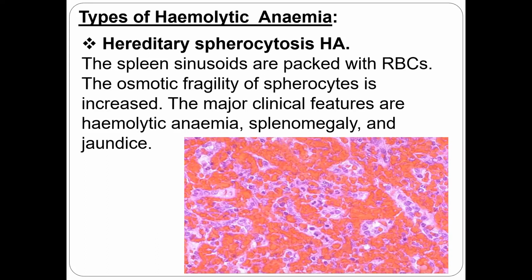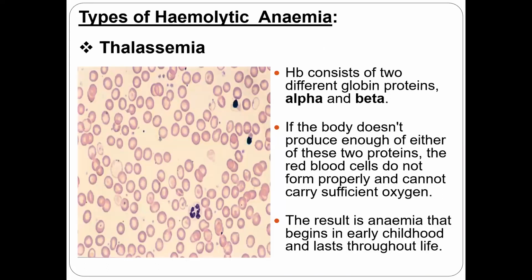Then thalassemia comes in. This is another type: hemolytic anemia due to thalassemia. We know that normal hemoglobin A consists of alpha globin and beta globin, and the normal structure has 2 alpha and 2 beta. But in some cases, the body doesn't produce enough of either of these 2 proteins, so the red blood cells do not form properly and cannot carry sufficient oxygen.